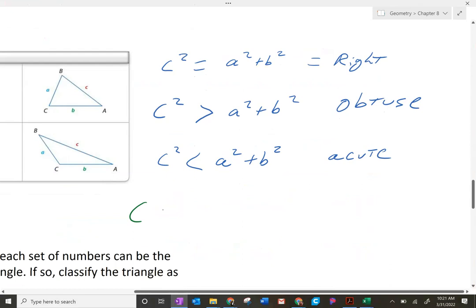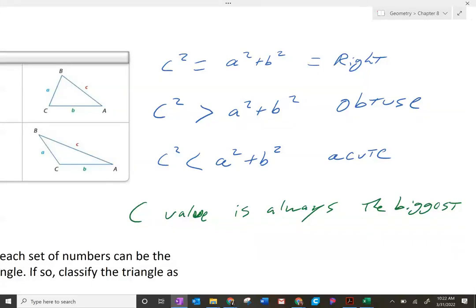Your C value is always the biggest. So no matter what, whenever you have these, the biggest number will always be the one that you put in the position of C.